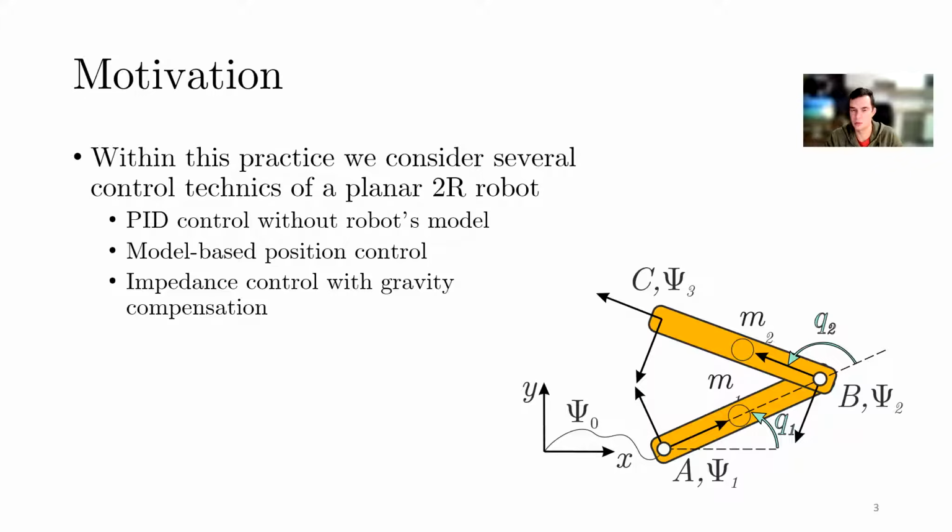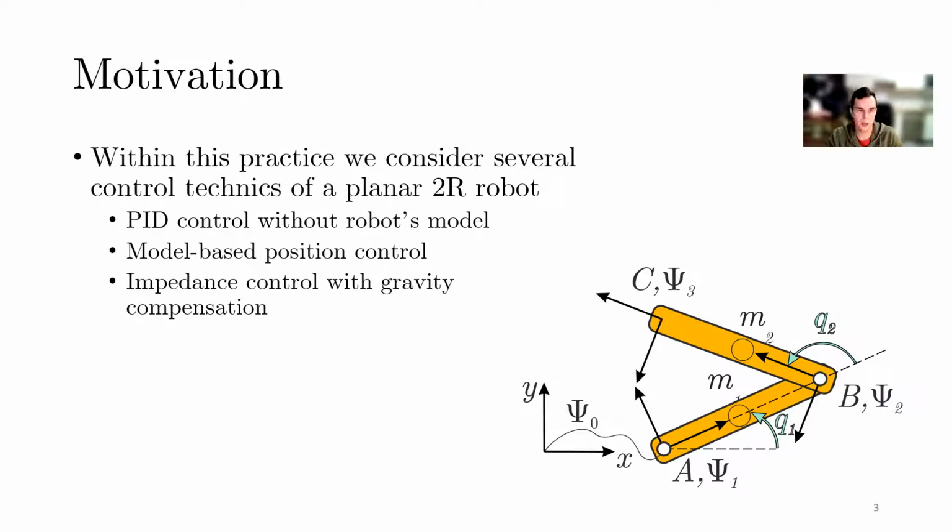It's relatively simple since it contains only 2 links, and it's a great example to consider different kinds of control strategies. So here we'll start with the simple PID control, where we don't need any model of a robot. Then we will compare it with the model-based position control. And then we will finish with the impedance control with gravity compensation.